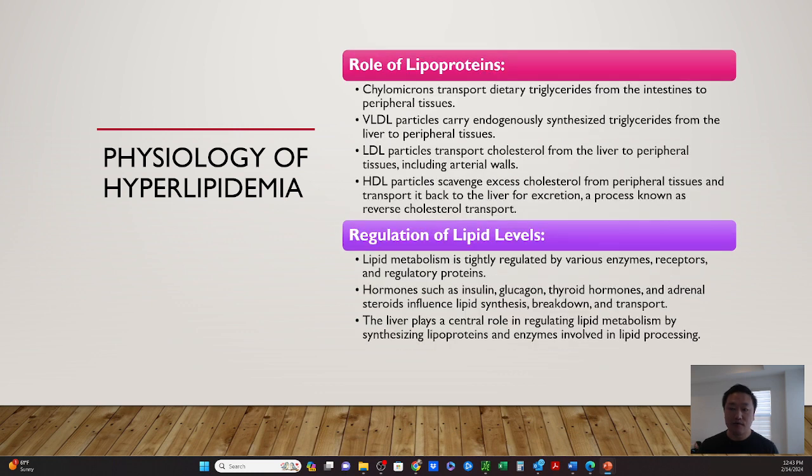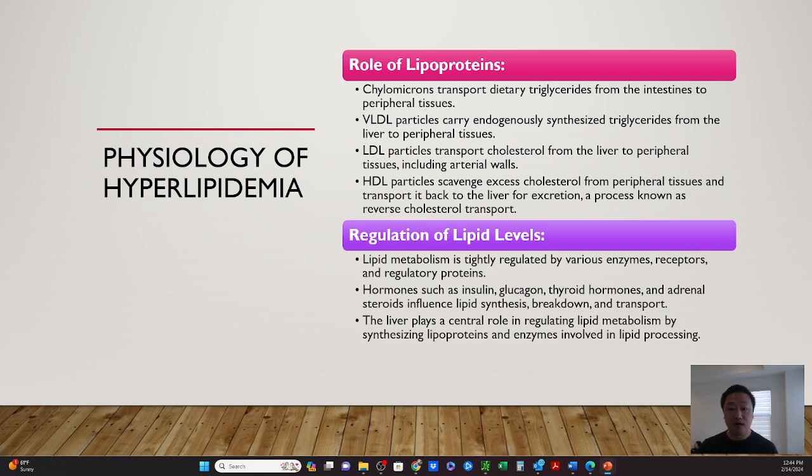The role of lipoprotein is to transport triglycerides from the intestines to peripheral tissues, and also to carry synthesized triglycerides from the liver to peripheral tissues.